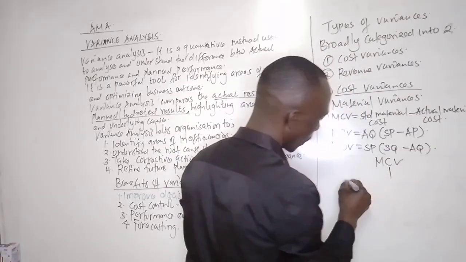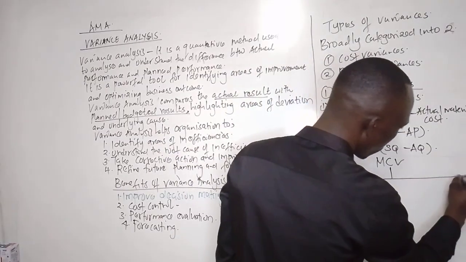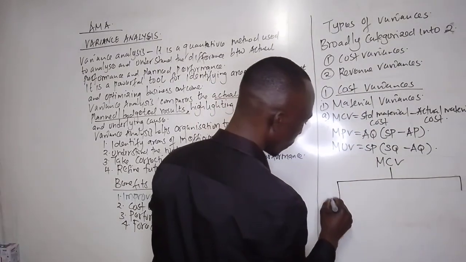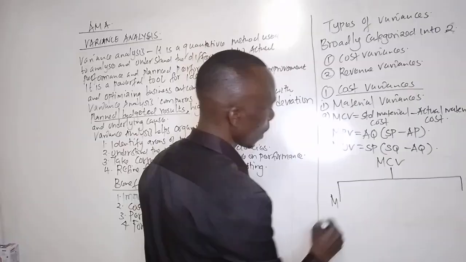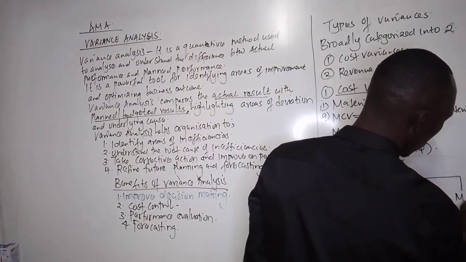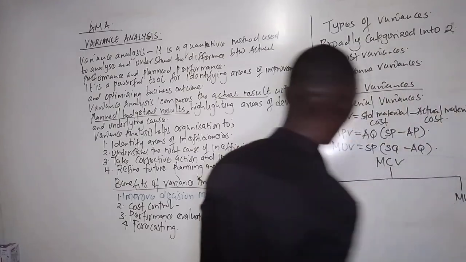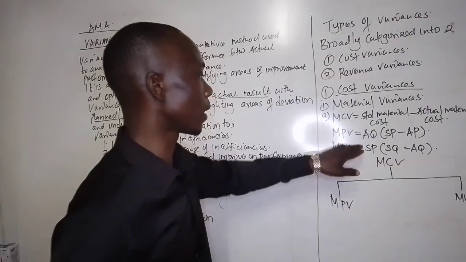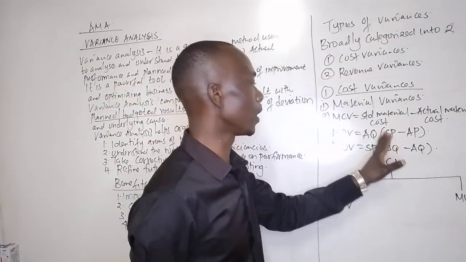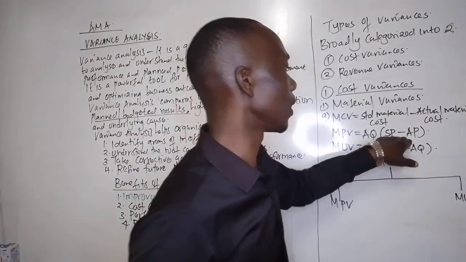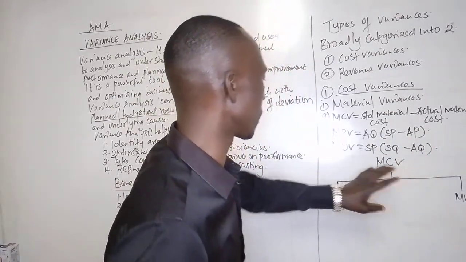This material cost variance is made up of two variances: the material price variance and the material usage variance. Under the material price variance, we said it is given by the actual quantity into the standard price of the material, then you raise the actual price of the material.